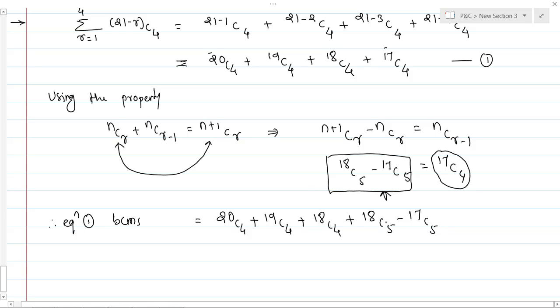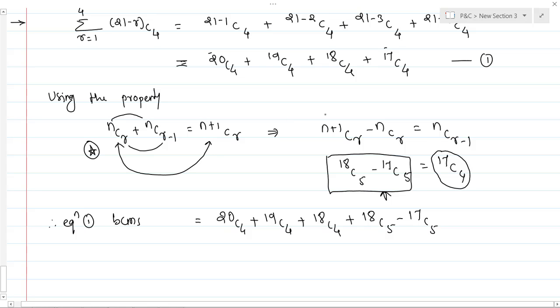See, why we require this type of arrangement is, in the property we should have both n's the same on the left hand side and one r should be less than the other. But in the given question we do not have the values of n the same, but we have the values of r the same.